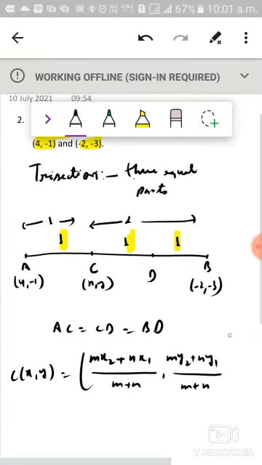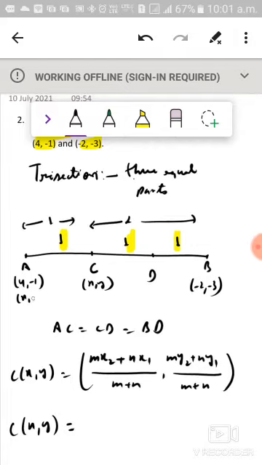This formula we have learned in our previous session. So we are going to find the coordinates of C, x comma y. What is m here, what is n here, what is x1, what is x2? For that, see the coordinates of A, 4, -1, treat as x1, y1, this is x2, y2, and this is m, and this is n.